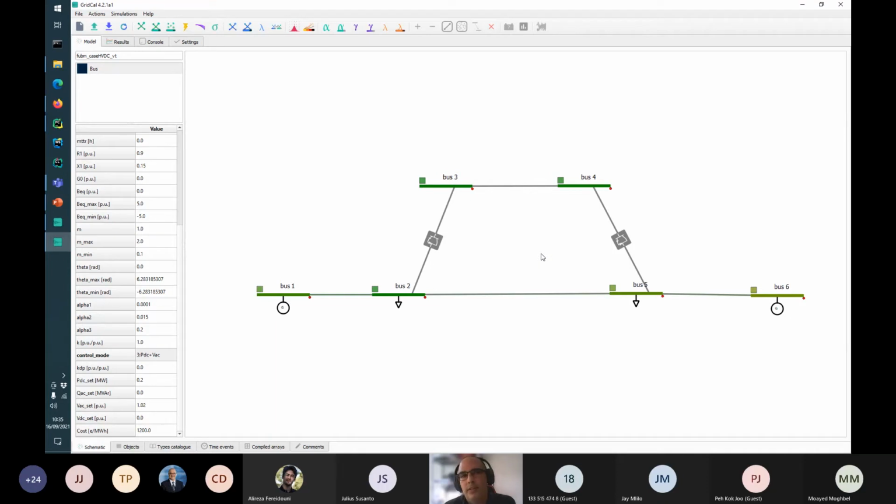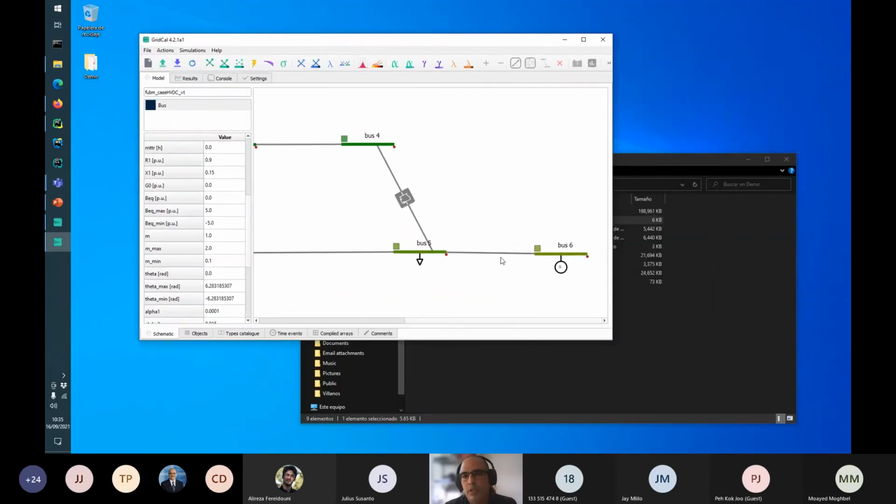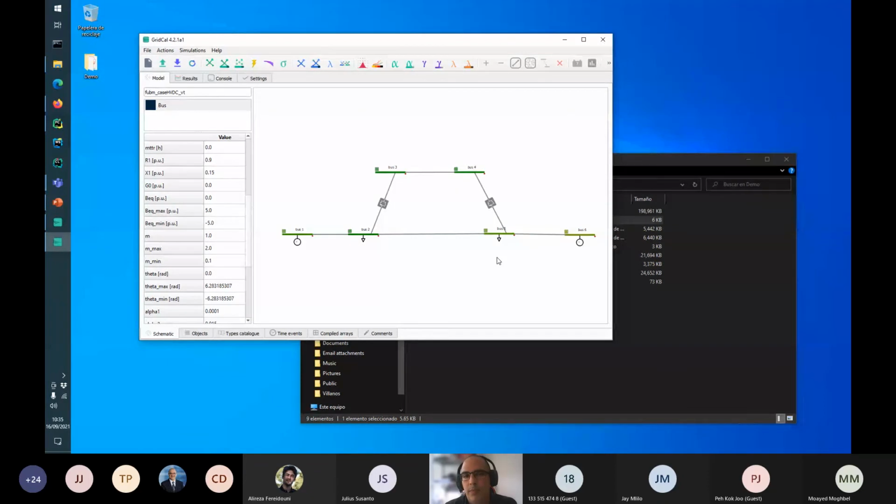I've also had other collaborations like that in the past, for instance the holomorphic embedding power flow, which I'm going to show in a moment. This is of great value, and it is what the open source tool allows me to do: I can contact some academic and, all in good faith, develop something together and be at the state of the art with very little effort from both sides.